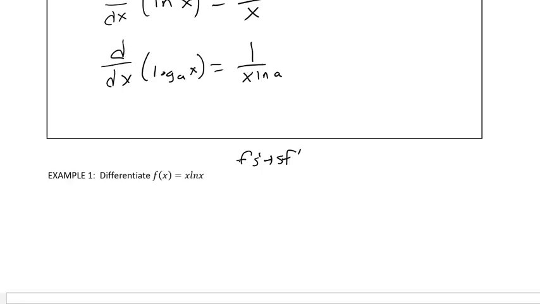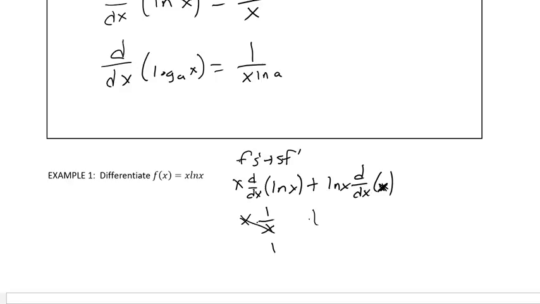So it would be x times the derivative of the natural log of x plus the natural log of x times the derivative of x. Well, this would be x times 1 over x, which of course is going to cancel, we're just left with 1, plus the natural log of x times 1.